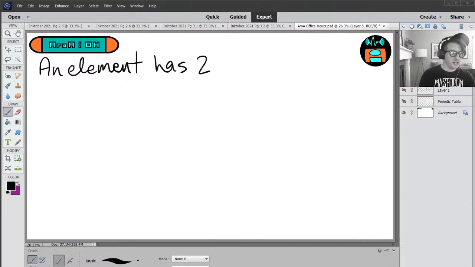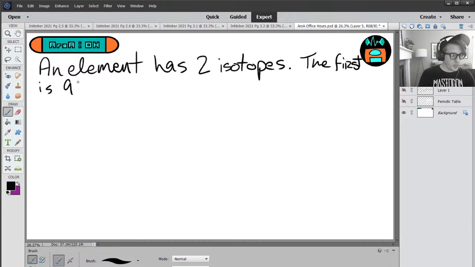All right, so let's see. An element has two isotopes. The first is 91.79 AMU.